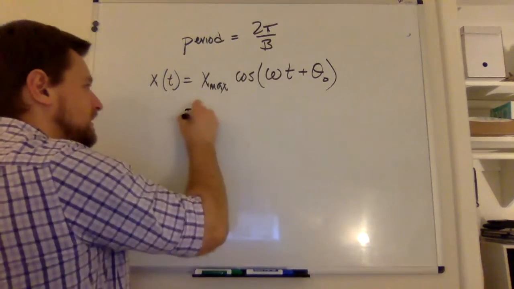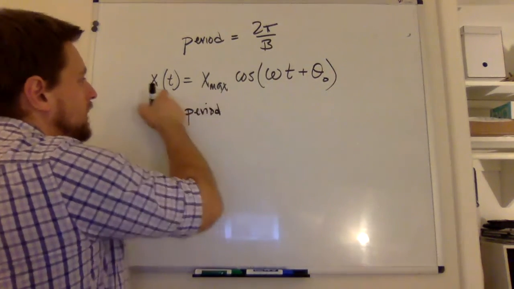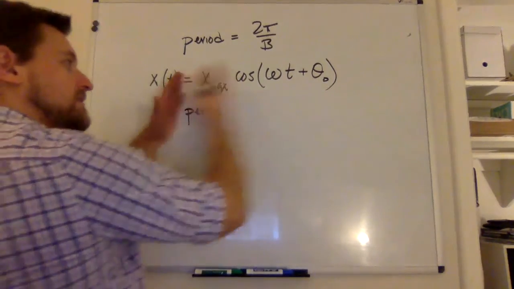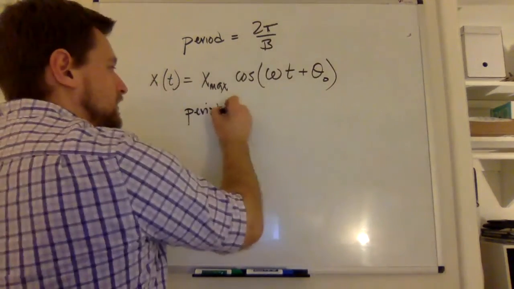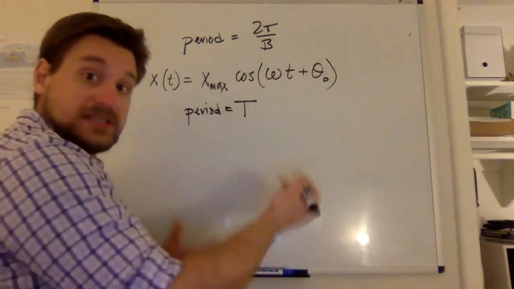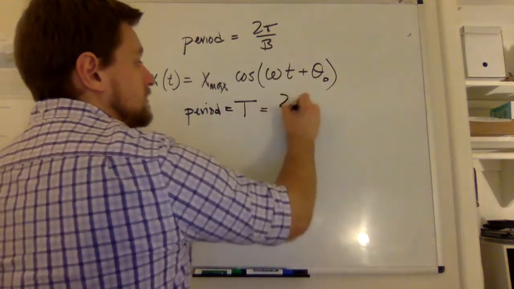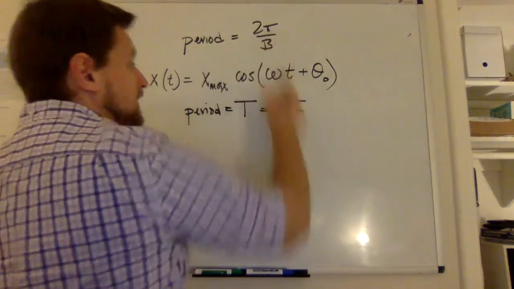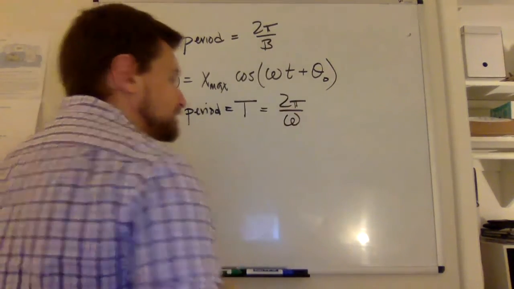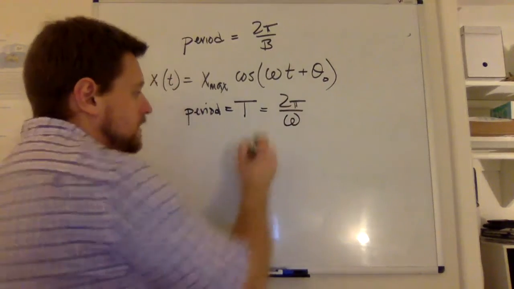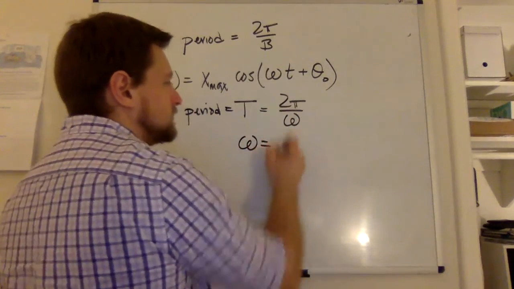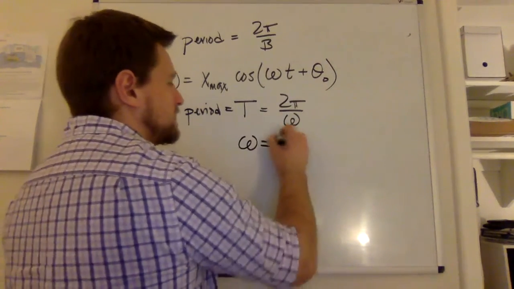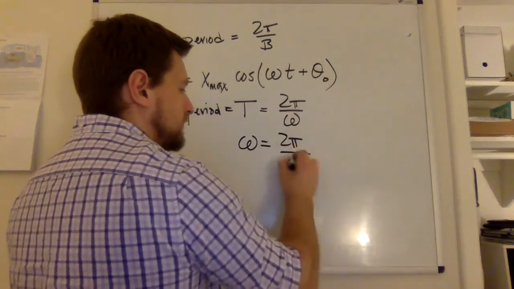So the period, in other words, the amount of time that it takes this function to repeat itself, capital T, is 2 pi over b, which is omega. So omega, if we cross multiply and solve, is 2 pi over the period.